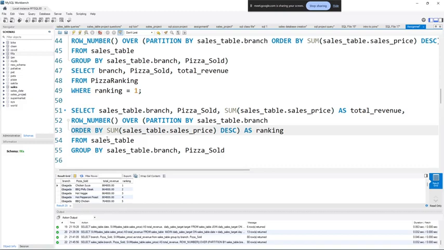What are you ordering by? I'm ordering by total revenue, so my ranking should start from the highest.